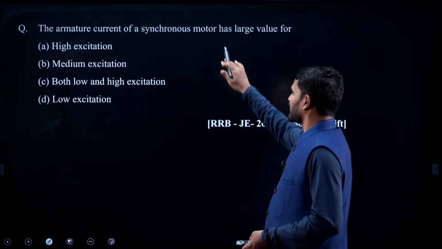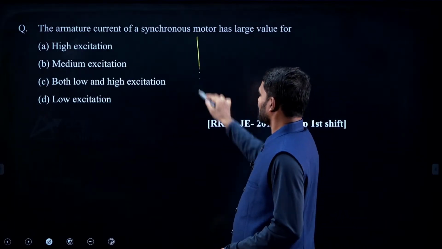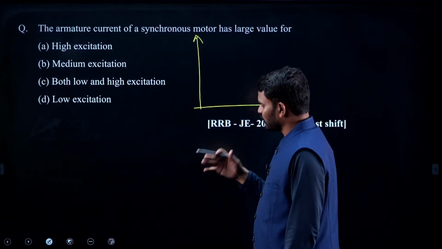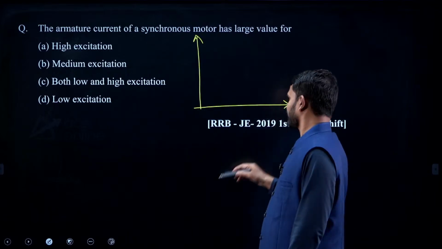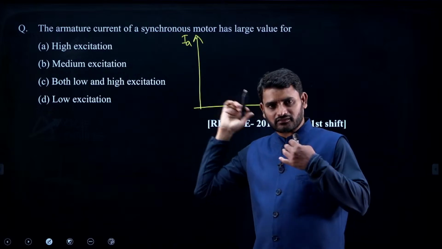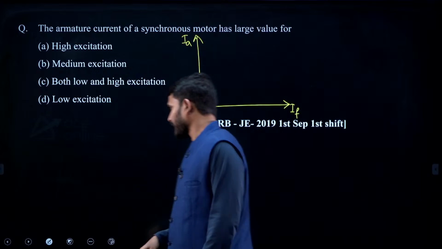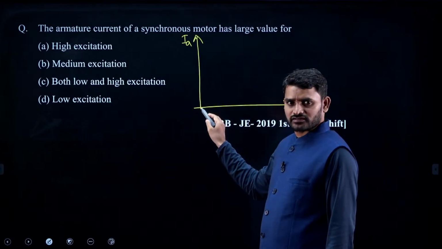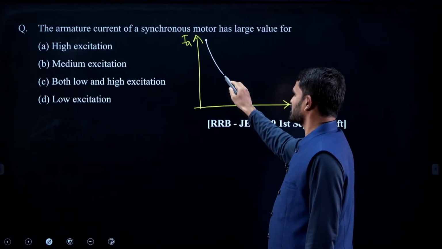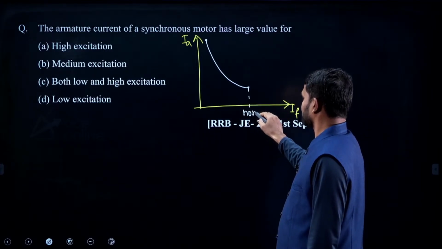Look at this one. The armature current of synchronous motor has large values for high excitation, medium excitation, both low and high excitation, or low excitation. Armature current versus excitation characteristics, how does it look? At under excitation, the current is going to be large. If the excitation increases, current decreases. Now this is normal excitation.